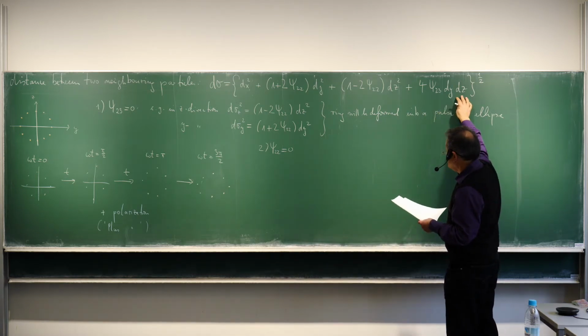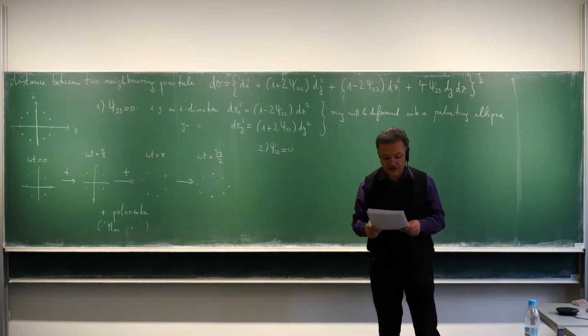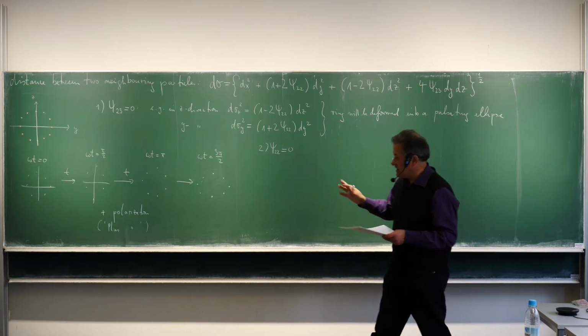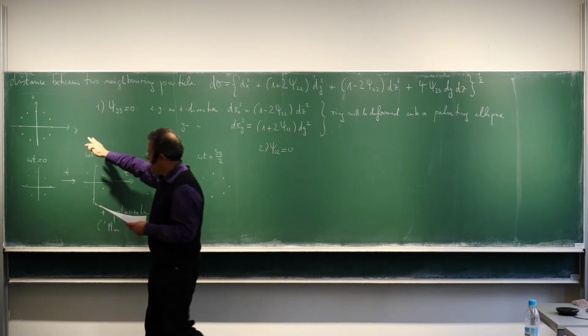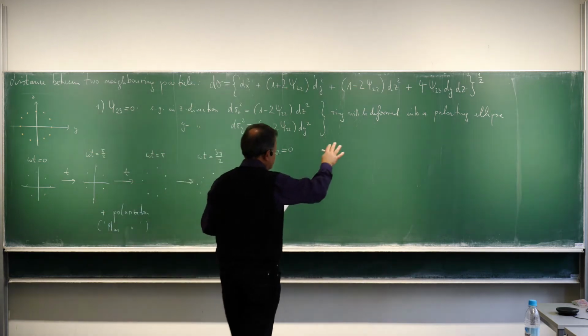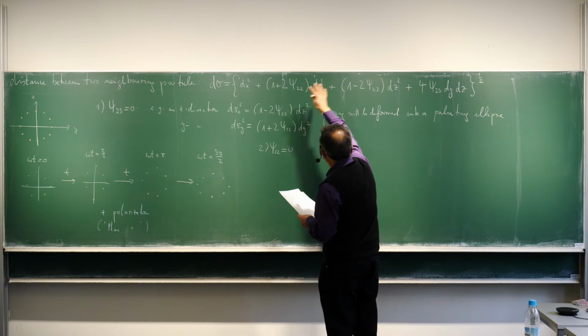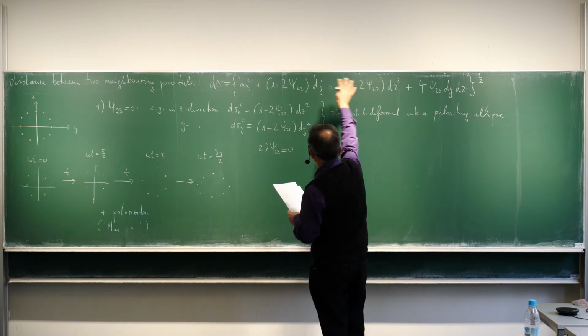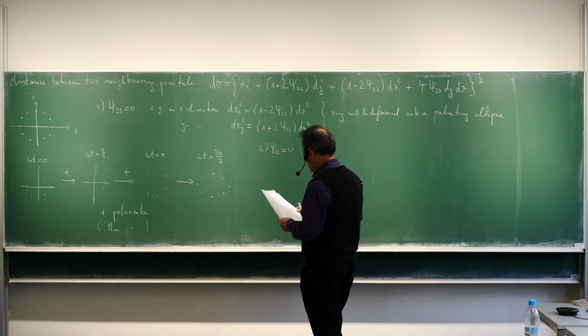So how can we treat that? Well, the easiest is to make just a rotation in the YZ plane by 45 degrees, because then we shall be able to present this in a similar form to the psi 2 2 earlier.